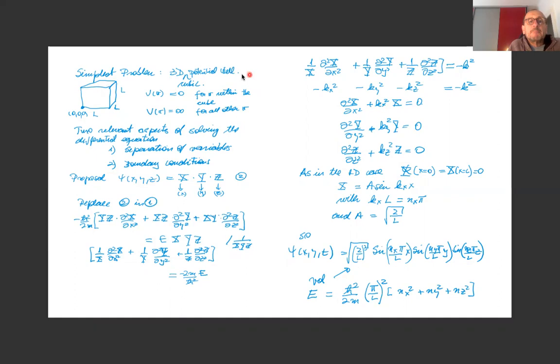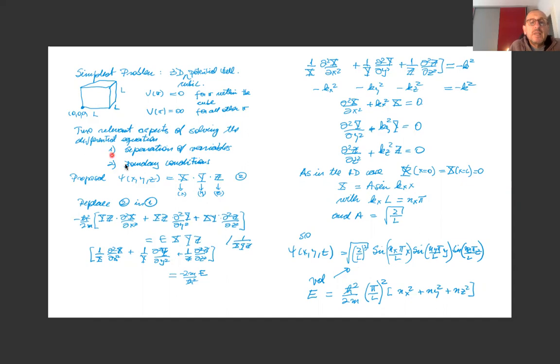Simplest problem: potential well in 3D, meaning the particle can move freely, 0 potential inside the box, infinite potential outside the box. So again, we have to do 2 things here. There are 2 relevant aspects to solving this equation.